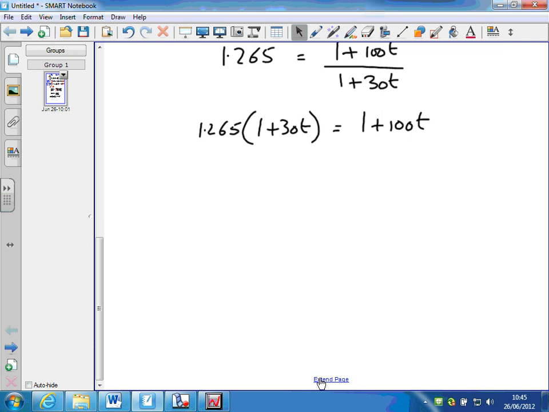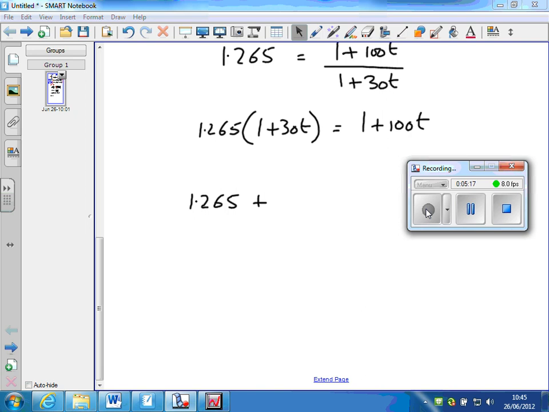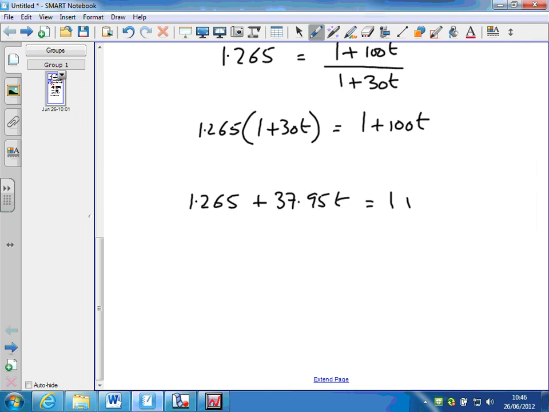So multiplying out the brackets, I get 1.265 plus 30 times 1.265, which is 37.95 T, equals 1 plus 100T.